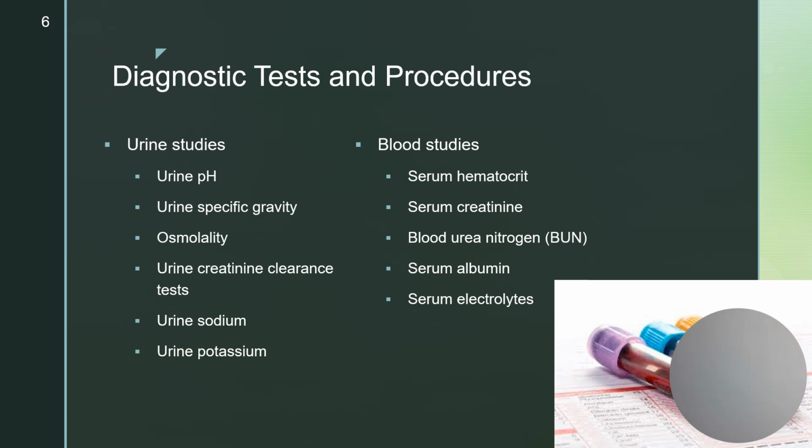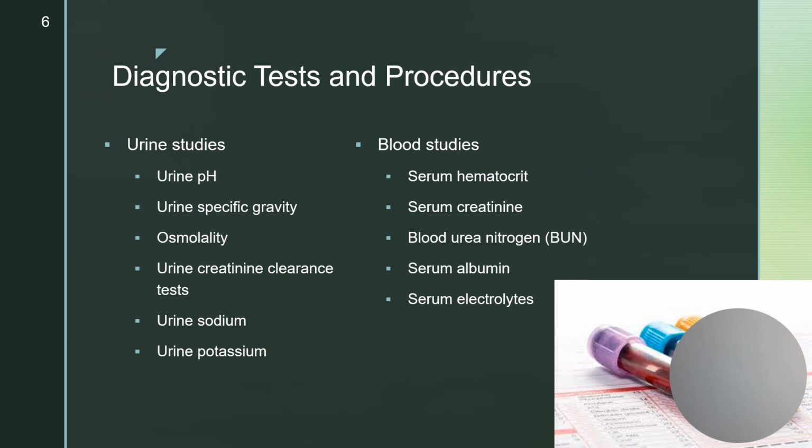Urine creatinine clearance is going to be done with a 24-hour urine collection. Remember how we do a 24-hour urine collection. We get the order. The client will discard the first void because we don't know how long that urine has been sitting in the bladder.